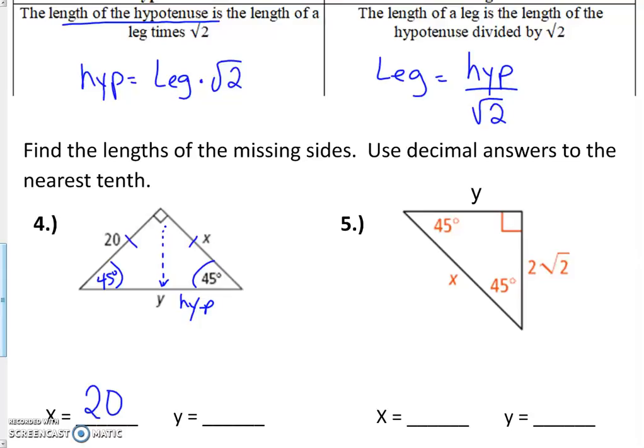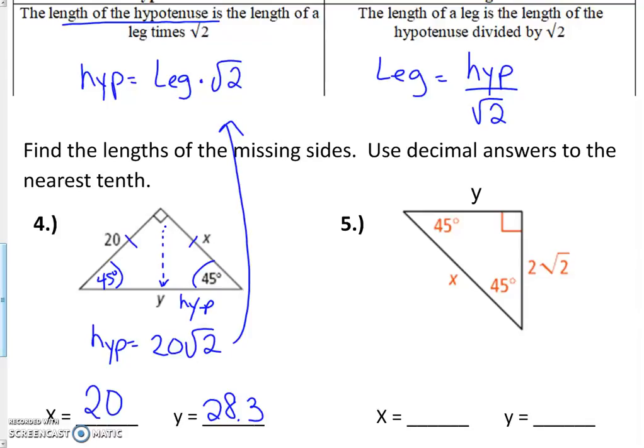If I'm trying to find my hypotenuse, I'm going to use my leg multiplied by the square root of 2. So my leg was equal to 20, and I'm multiplying by the square root of 2 to get my hypotenuse. On the calculator, rounding to the nearest tenth, so one decimal place, the answer would be 28.3.